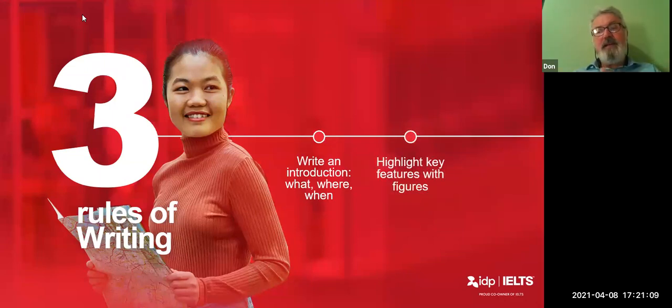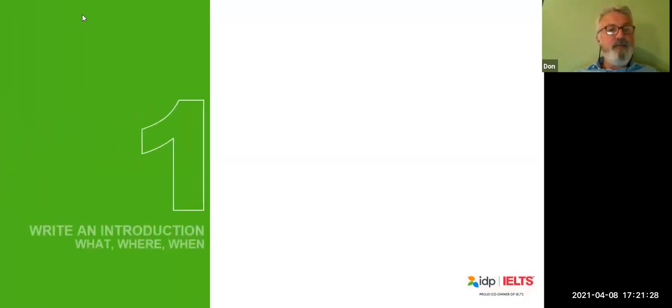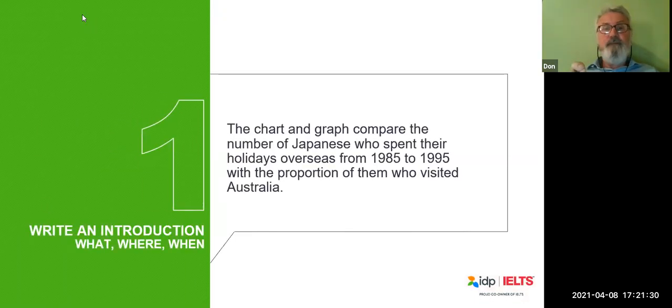It highlights the key features and it uses numbers, figures, to support that description. And finally, it writes an overview. This is what you must do in an academic task 1. Let's look at this example, which is very good.